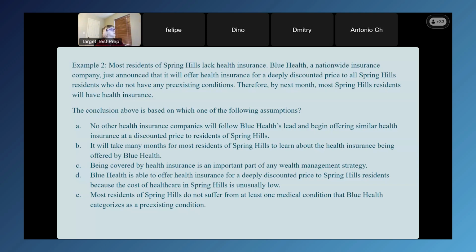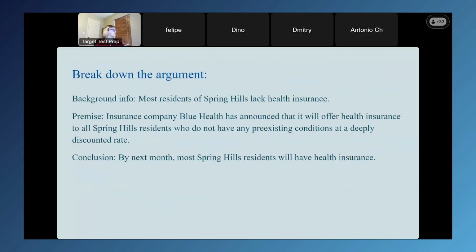Okay. Most residents of Spring Hills lack health insurance. Blue Health, a nationwide insurance company, just announced that it will offer health insurance for a deeply discounted price to all Spring Hills residents who do not have any pre-existing conditions. Therefore, by next month, most Spring Hills residents will have health insurance. Look at our breakdown.